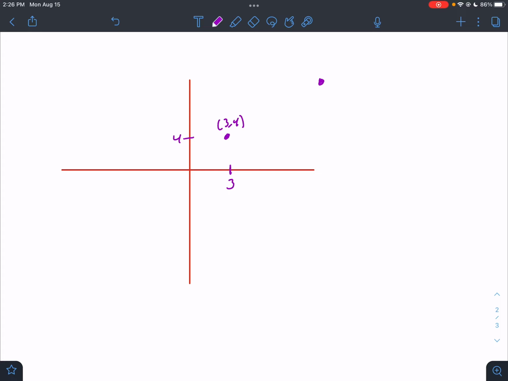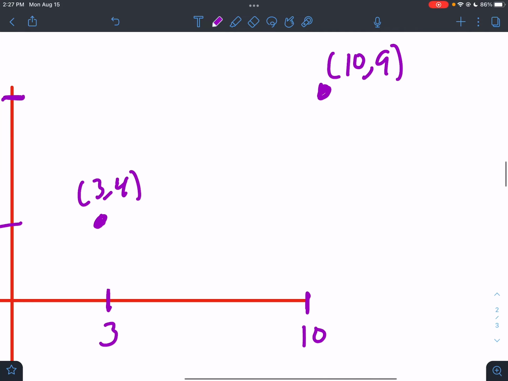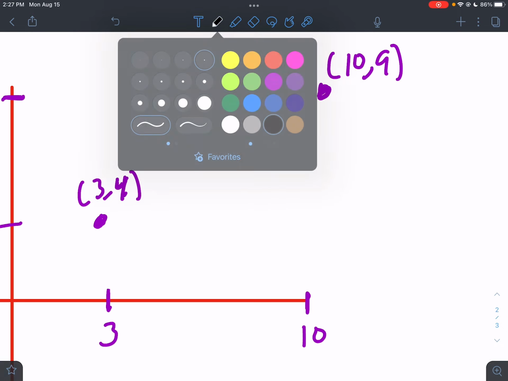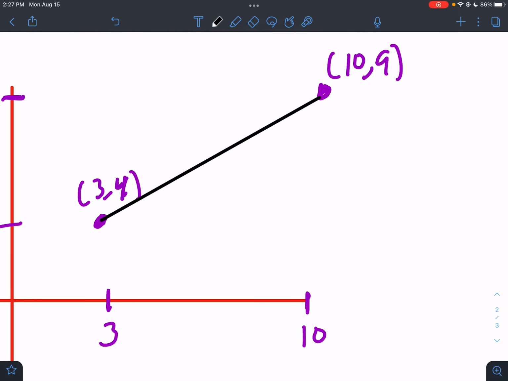And then this guy is maybe over 10 and up 9. So let's say that this guy has coordinates of 10, 9. So we're traveling from 3, 4 to 10, 9. And if I were to connect those, they would not be vertical or horizontal. So my question would be, how long is that black line segment that connects the 2 points?